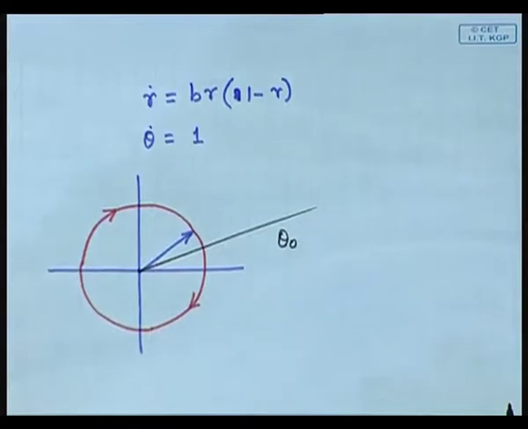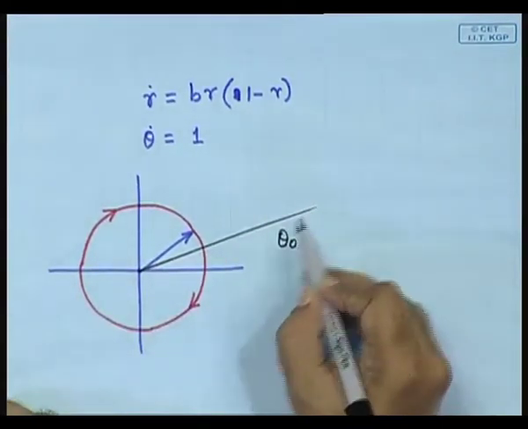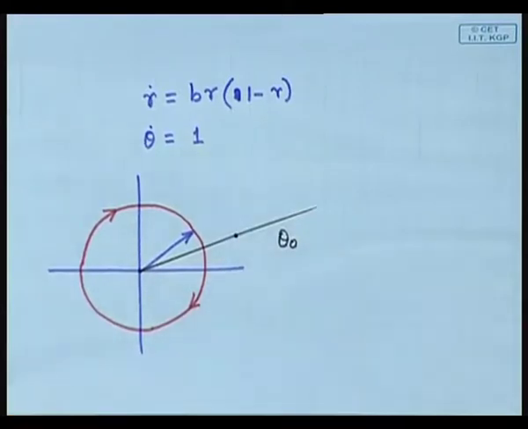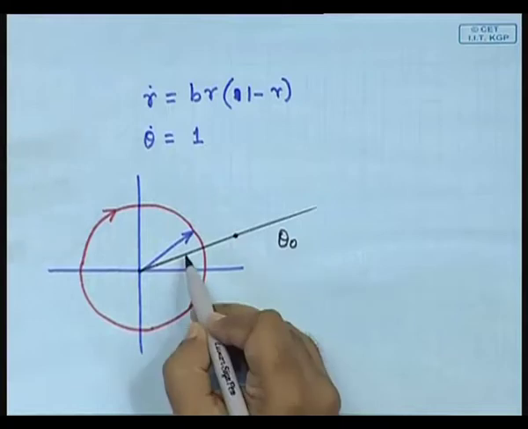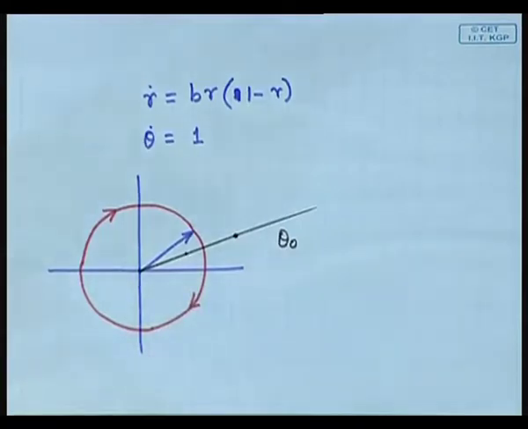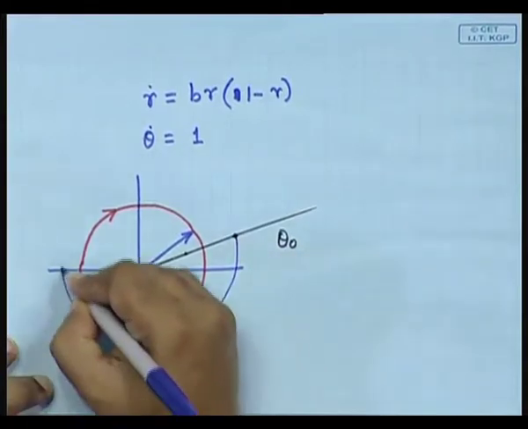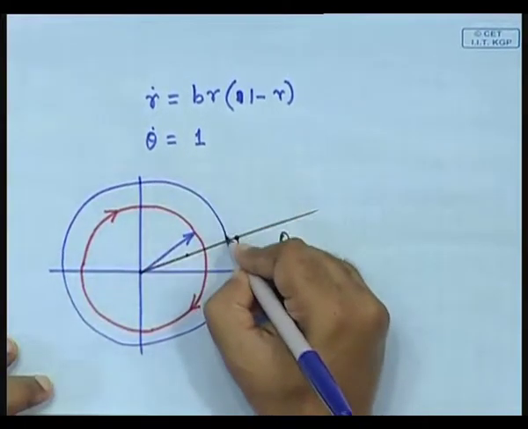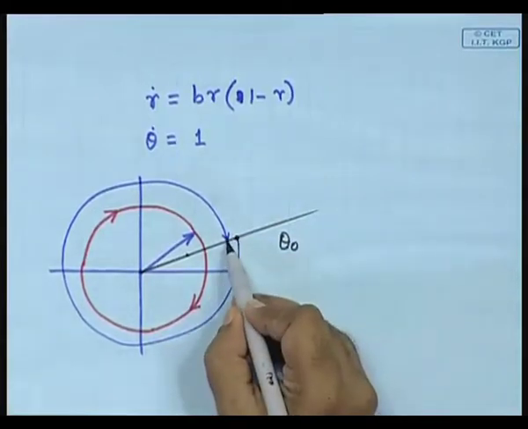So, in that case, what will we ask? On this Poincare section, if we start from an initial condition somewhere here, where does it land next? Clear? So, we will essentially be talking about an orbit like this. It started from here and it landed here.